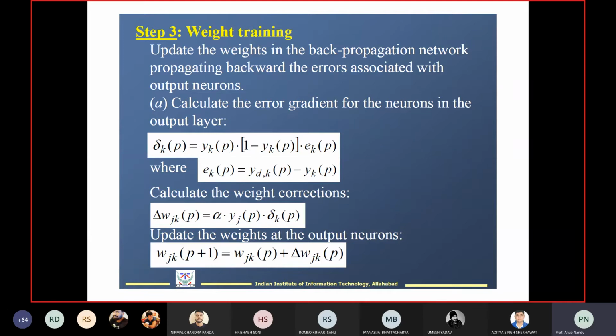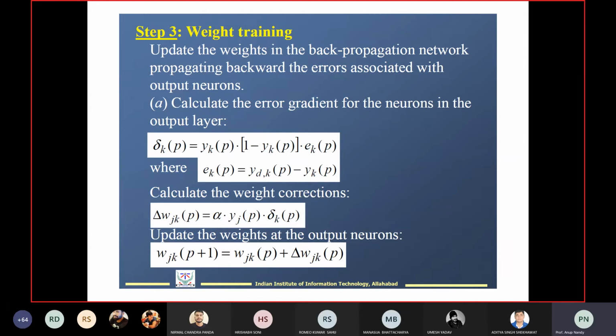Now you have to update the weights at the output neuron. Whenever you are updating in the hidden layer, you need to take into consideration the weights in the previous layer.